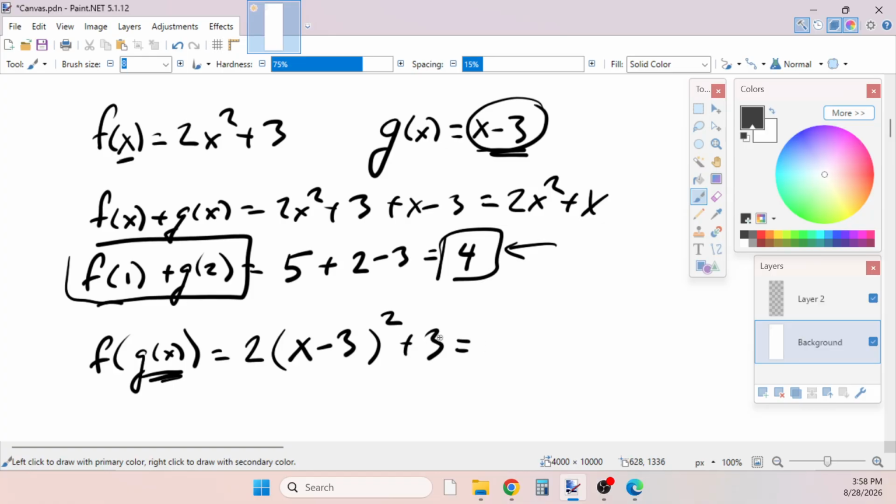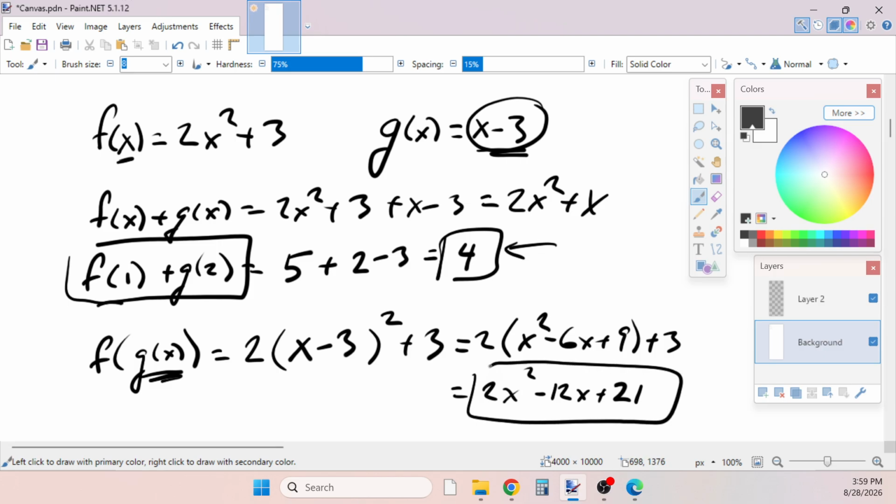And I can simplify this using the algebra that we should know already. Two times 9 is 18. 18 plus 3 is 21. This is f of g of x. Sometimes also written as f of g of x.